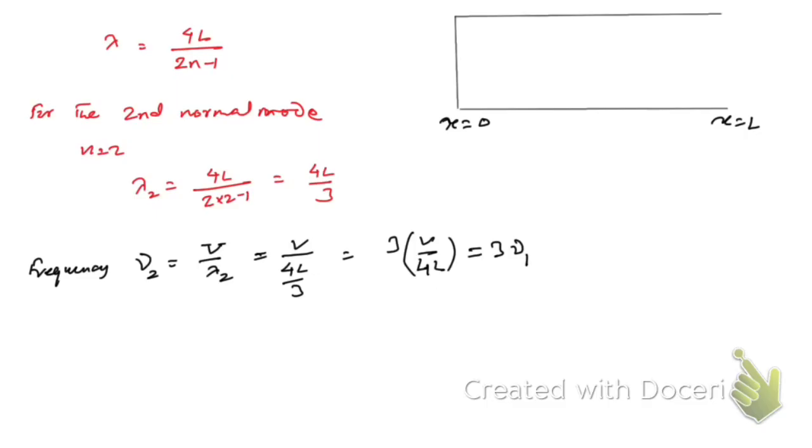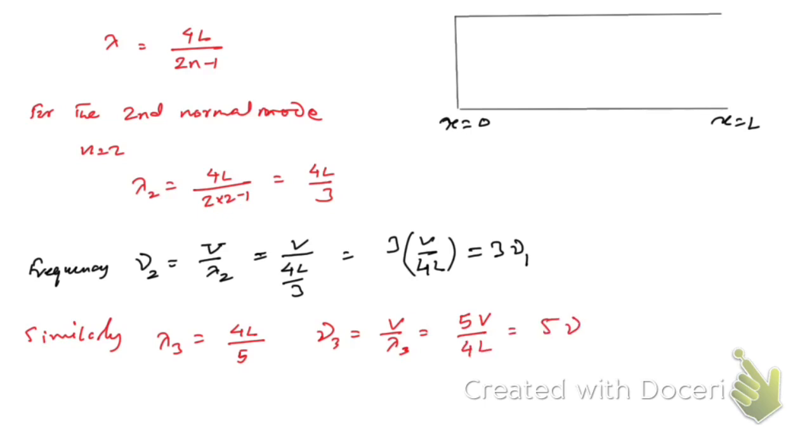Similarly, we can find nu 3, and in order to find nu 3, first we need to find lambda 3. Lambda 3 is going to be equal to 4L divided by 2 times 3 is 6 minus 1, that's going to be 5. So nu 3 is going to be equal to V by lambda 3, and if you put the value of lambda 3, you're going to get 5V by 4L, and that means 5 times nu 1.